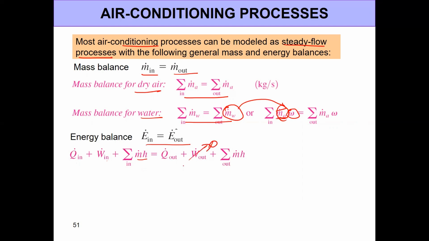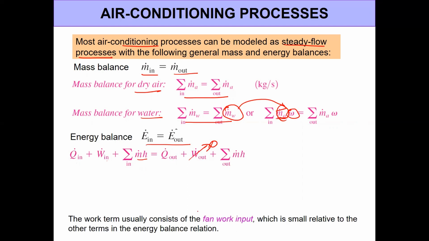The work output is zero. There is, however, some amount of work input, in the form of the work required to keep the fan running. And why do we need the fan? Well, we need to keep moving the air. We said about at a rate of 15 meters per minute, right? So there is some amount of work input for the fan, but if you compare it to the other terms in this equation, the work input to the fan is negligible. So you can also bring it down to zero.